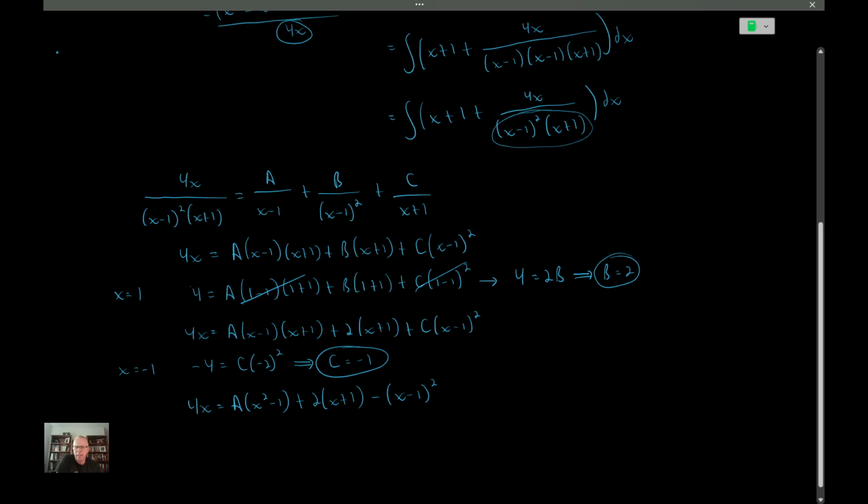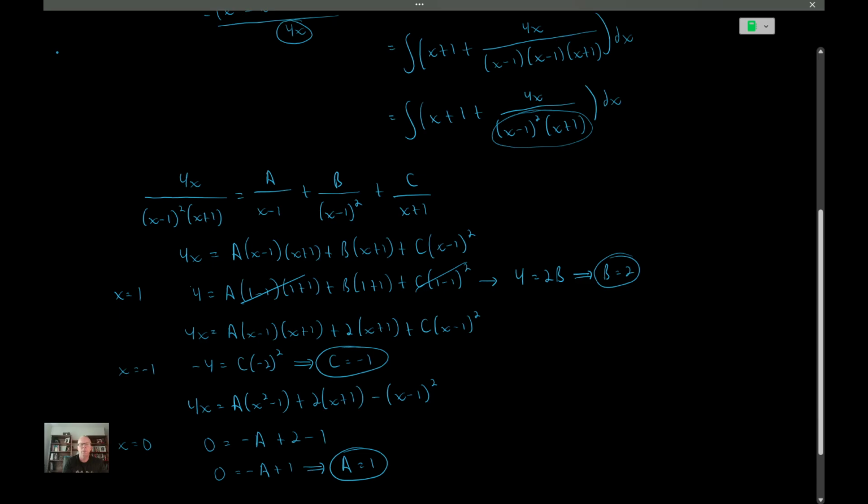Okay, so now you can really pick anything besides positive or negative 1. We can pick 0 if you like, or any other number. Any number will work. So we get 0 equals, this would be -a, this would be plus 2, and then this would be minus 1. So we get 0 equals negative a plus 1, so then a is going to be 1.